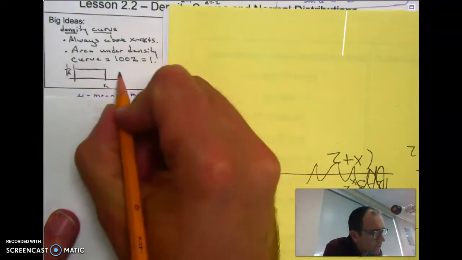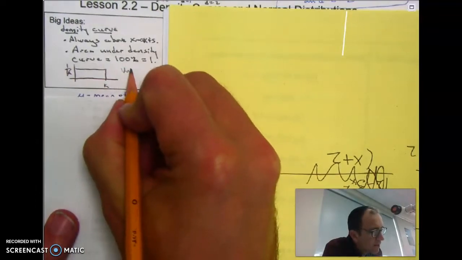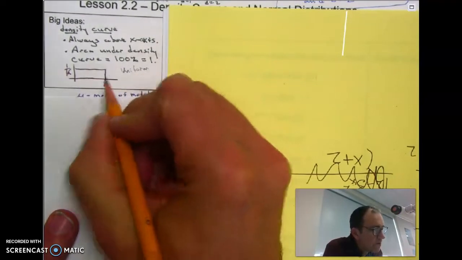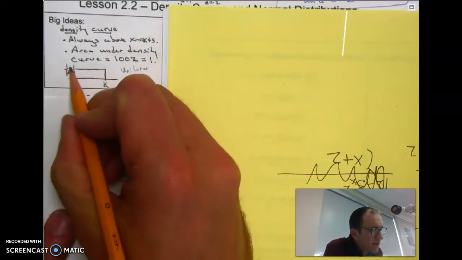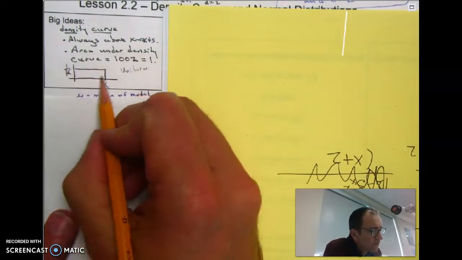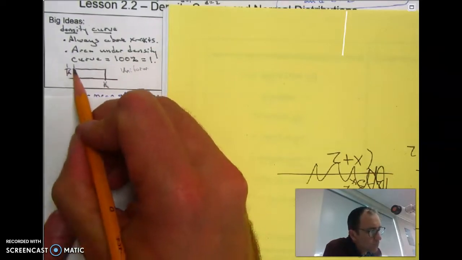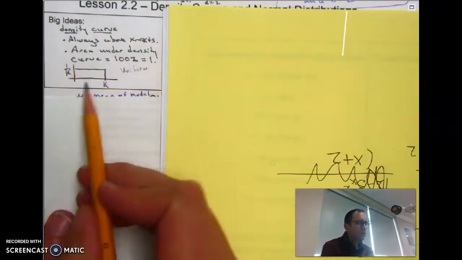So if we have a uniform distribution like we have here, and that uniform distribution goes from 0 to k, then if this is going to have an area of 1, and this is k units wide, it has to be 1 over k units tall, so that the area will turn out to be 1.